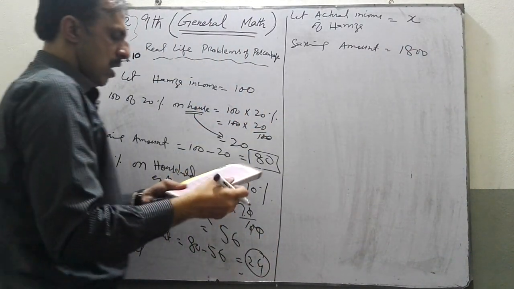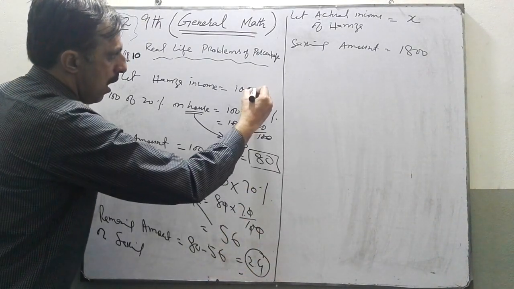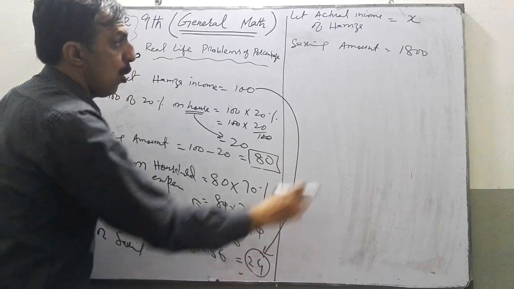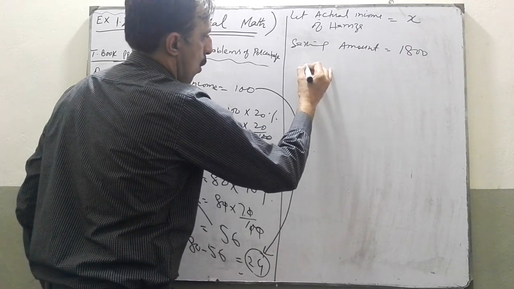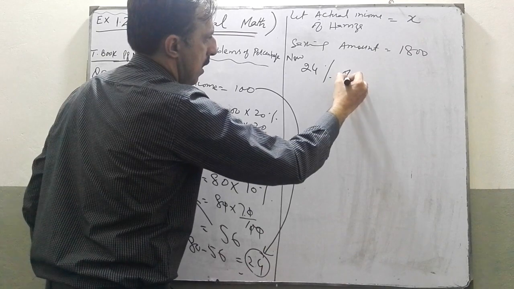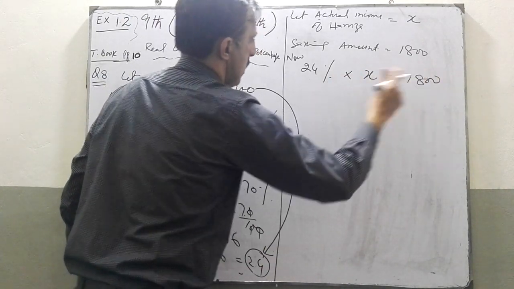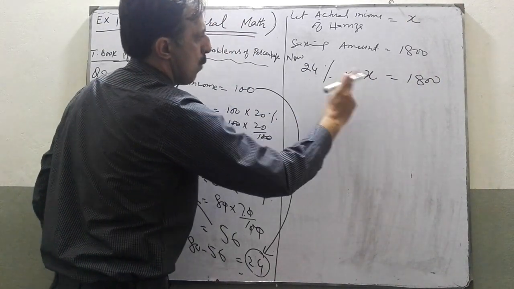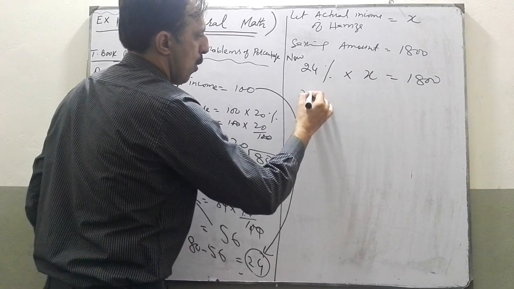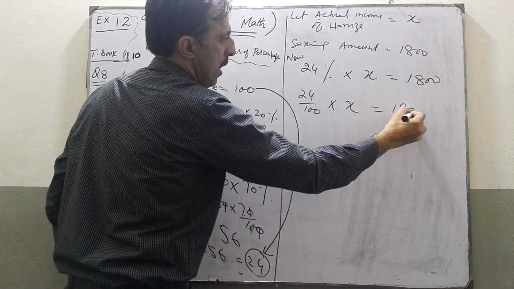Now we will do the actual step. Out of 100 he saved 24 rupees. So 24% of his X is equal to 1800. When his income is X, 24% of it is his saving. Now 24% means 24 over 100 multiplied by X equal to 1800.